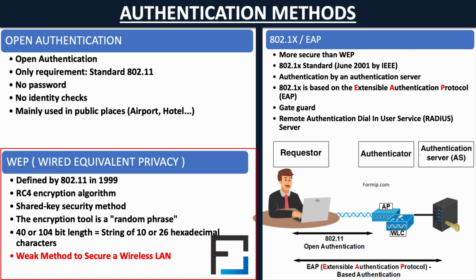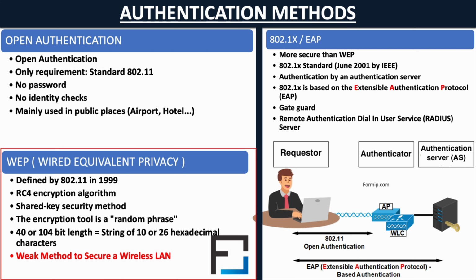WEP became part of the 802.11 standard in 1999, and it was shortly after, in 2001, that a number of weaknesses were discovered in WEP. It was therefore necessary to find a new, more effective method to secure wireless networks.